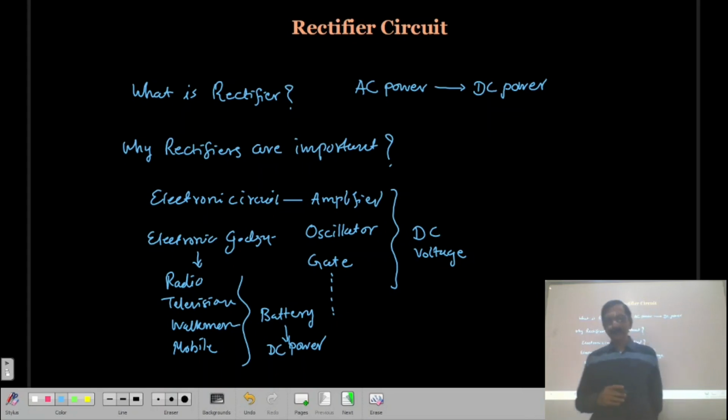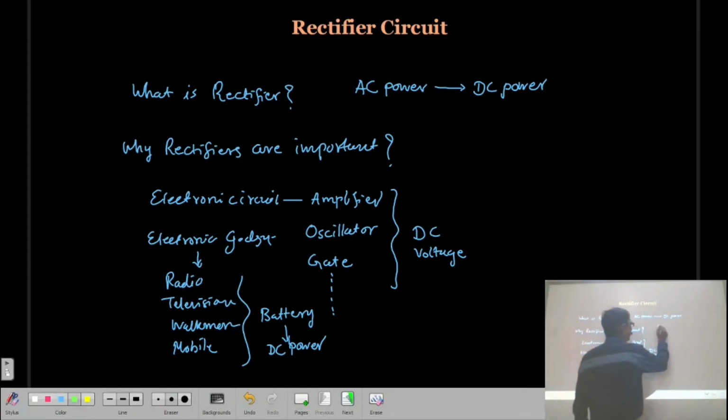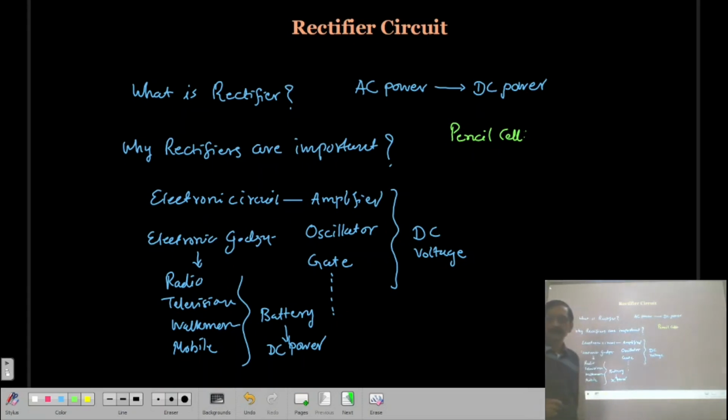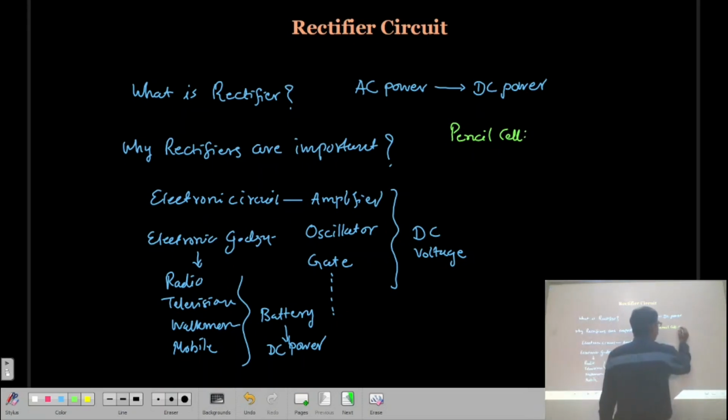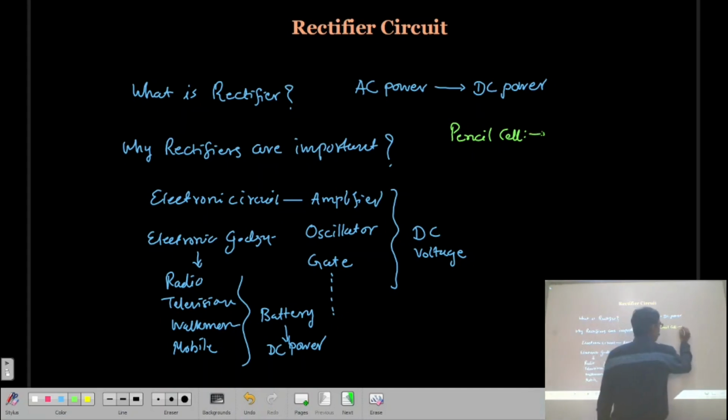And we know that the battery is costly. If you take a simple example of a pencil cell, remember, how much voltage is provided by the pencil cell? It provides 1.5 volt.